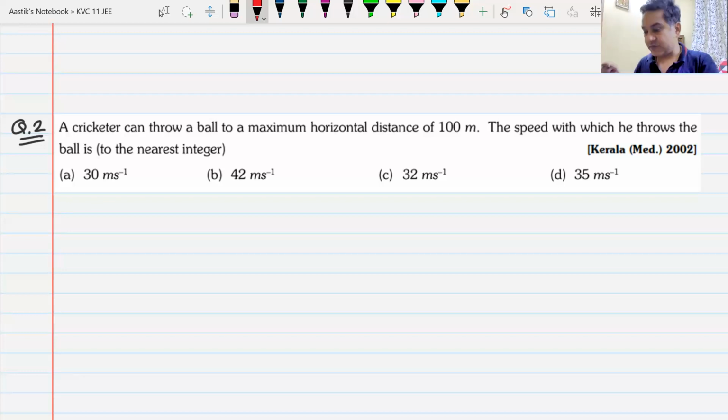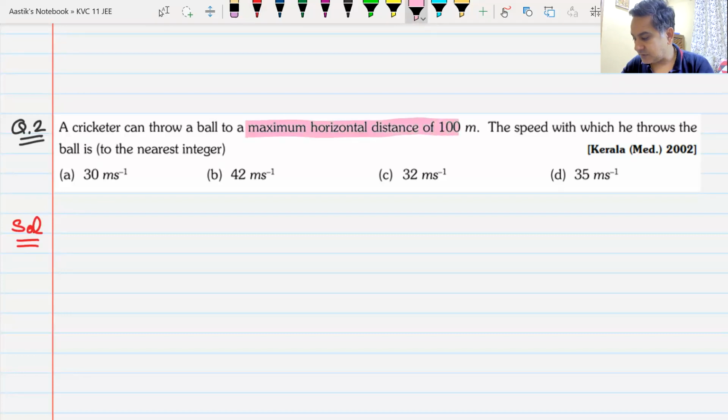If it is taking so much time, that means probably you are not thinking correctly. Maximum horizontal range. What do you mean by maximum horizontal range? When is the range maximum?